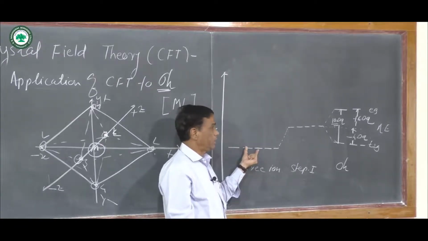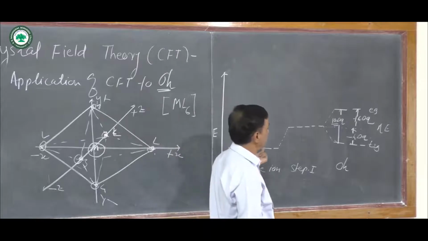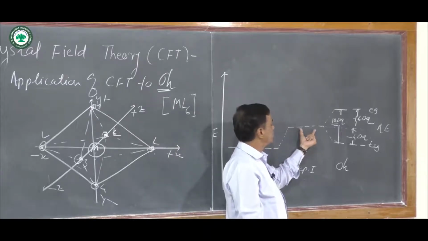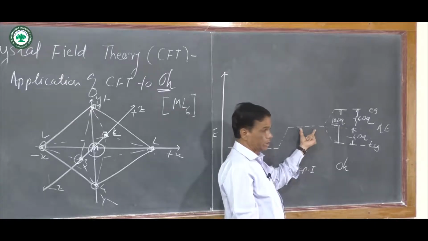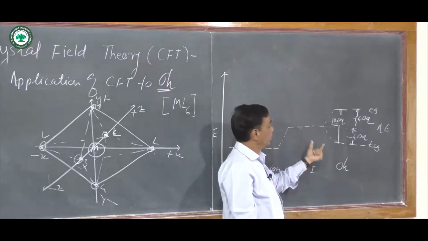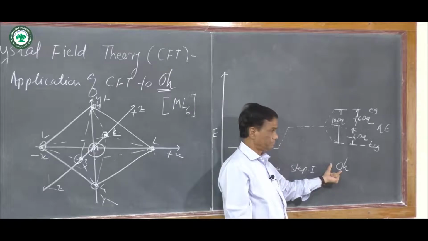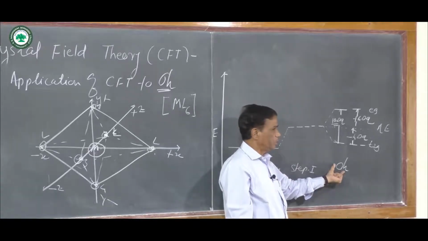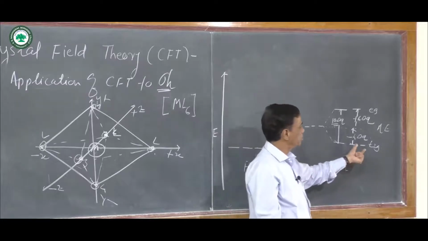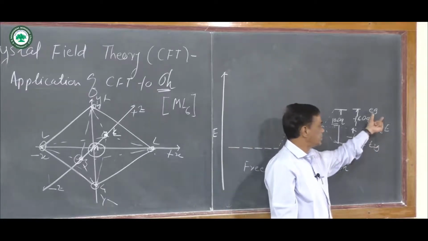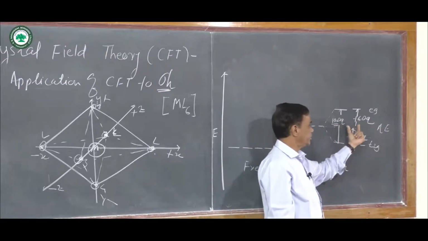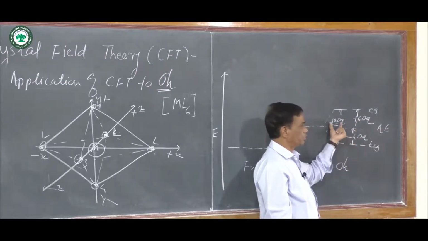When ligands approach the central metal atom or ion, there is increase in energy, but all 5d orbitals are again degenerate, meaning energy is the same. But when bond is formed, in octahedral field 5d orbitals split into two sets, T2g and Eg, and the distance between Eg and T2g orbitals is equal to 10 Dq.